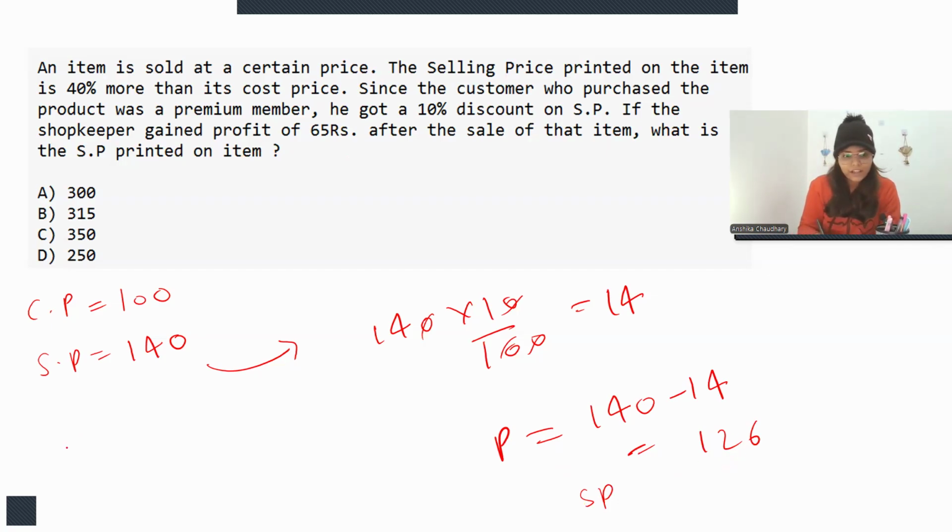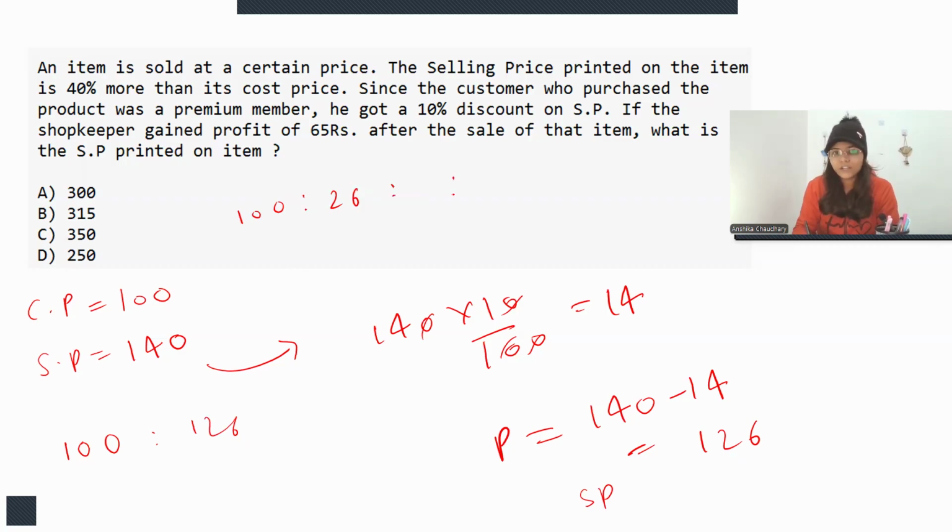The cost price was 100, the selling price is 126. This time we are talking about that particular customer only. On 126, how much profit did we gain? 26 rupees. So we can say that on 100 rupees we get a profit of 26 rupees.